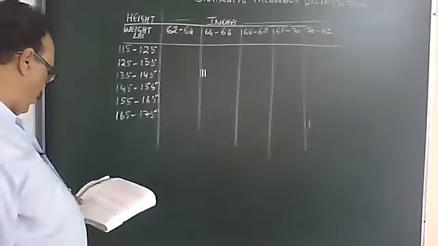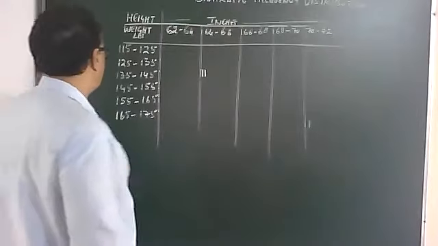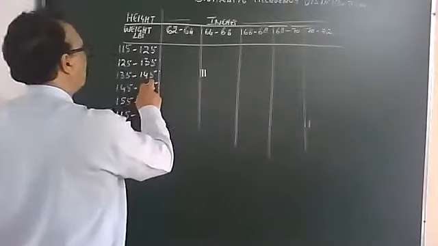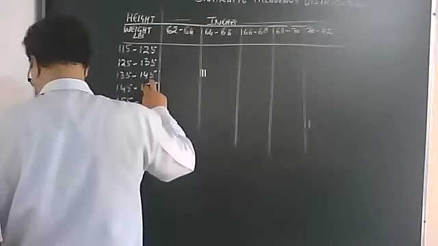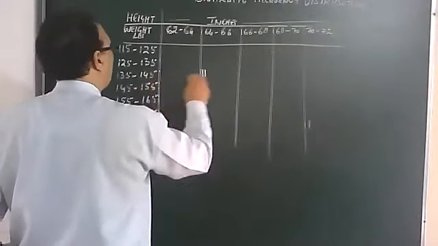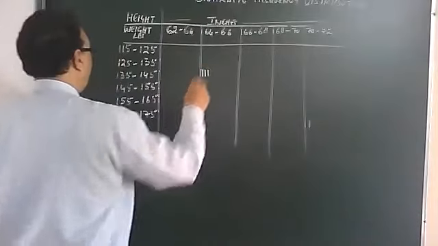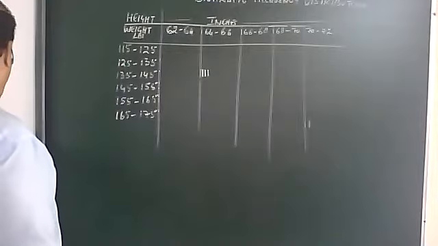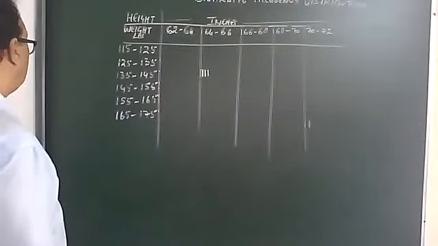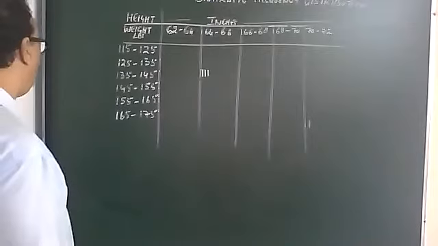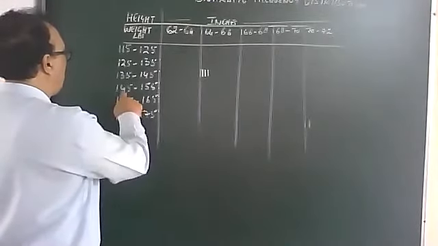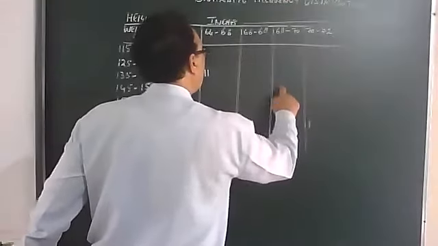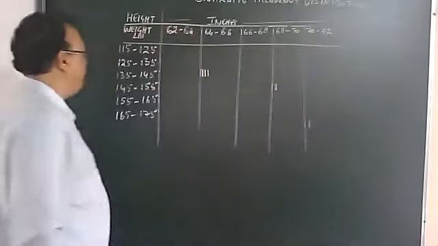Then 137, 64. 137 will come here, 64 will come here. Then 148, 69. 148 will lie here, 69 will come here. One tally bar.